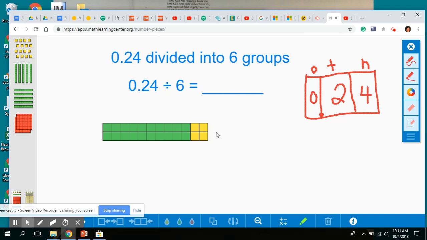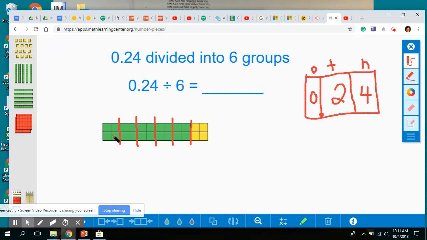Let's try. Here's one group, 2 groups, 3 groups, 4 groups, 5 groups, and 6 groups.